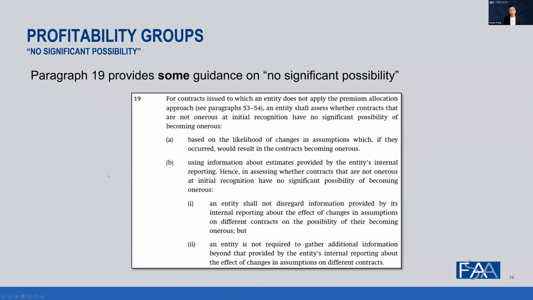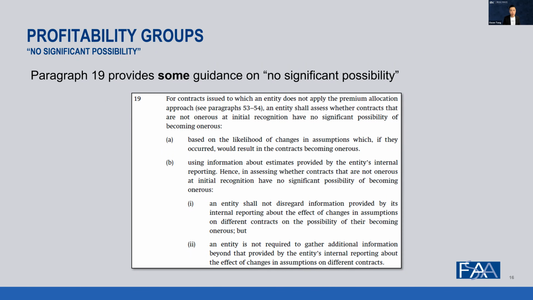IFRS 17 also alludes to your company's internal reporting. You can't disregard the performance of your products within your company that you already have on hand. You should be looking at that to determine the threshold that you might segregate things into.